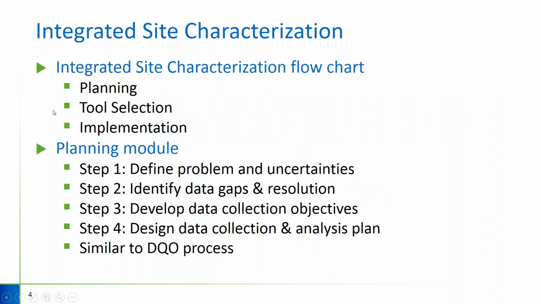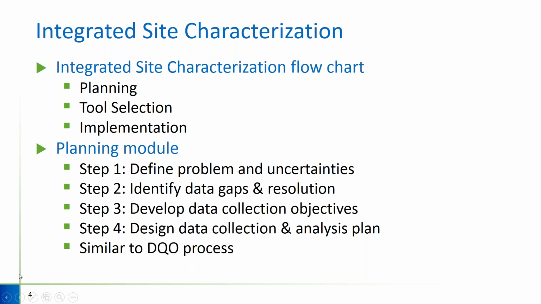As with many ITRC documents, we came up with a flow chart because this process really does lend itself well to a flow chart. This is divided into 3 modules. One is planning, tool selection, and then implementation. The planning module is what we're going to go through first. This is things like defining the problem, identifying the data gaps, developing these data collection objectives that I referred to a minute ago, designing the data collection and sampling plan.